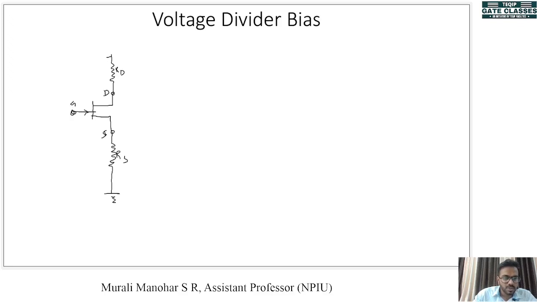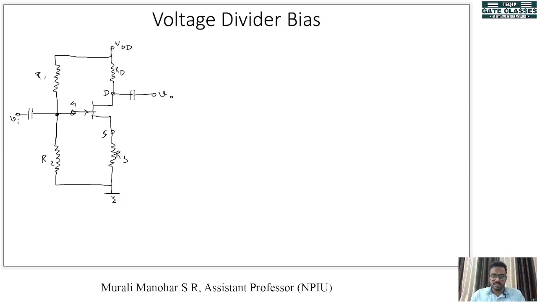Now there are two resistors here, R1 and R2, for the gate supply. Here we have our input, and here we have our output. This is R1, this is R2, and here we have VDD. So this is the voltage divider bias.